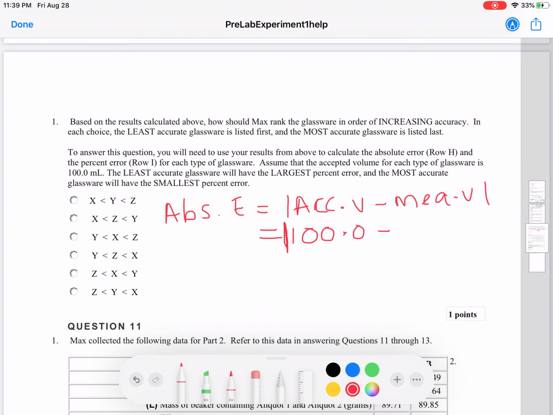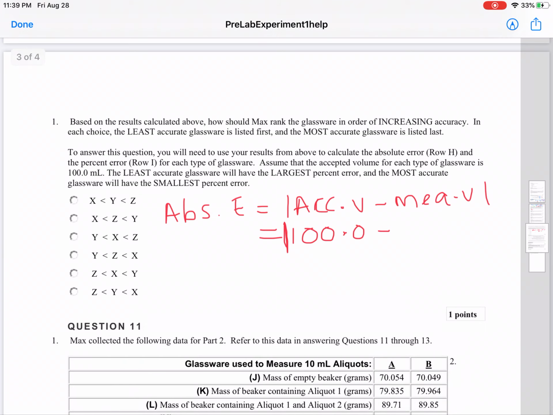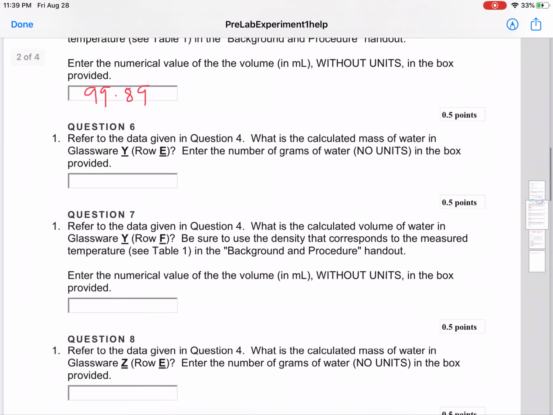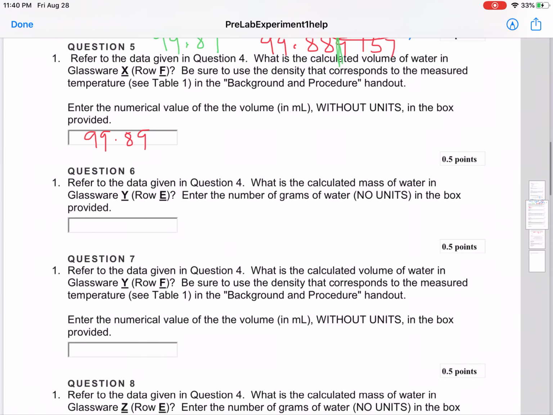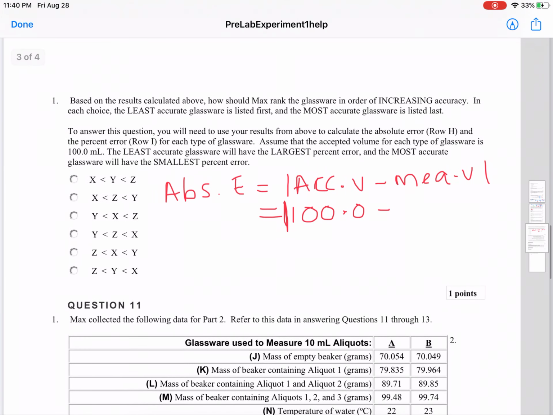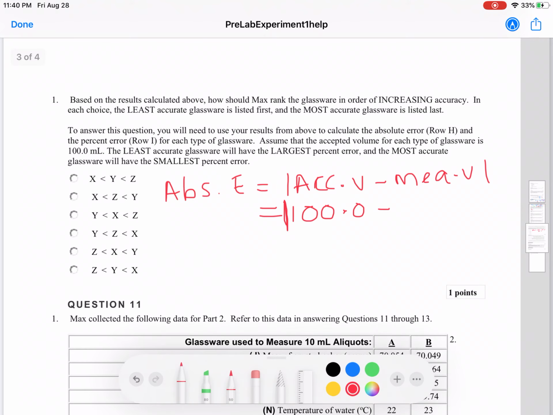Now for the first one, we found the measured value. What was it, that one that we did together? The measured volume in this case was 99.89. So you take that and put 99.89. This one is for the glassware X. Absolute error, 100 minus 99.89.